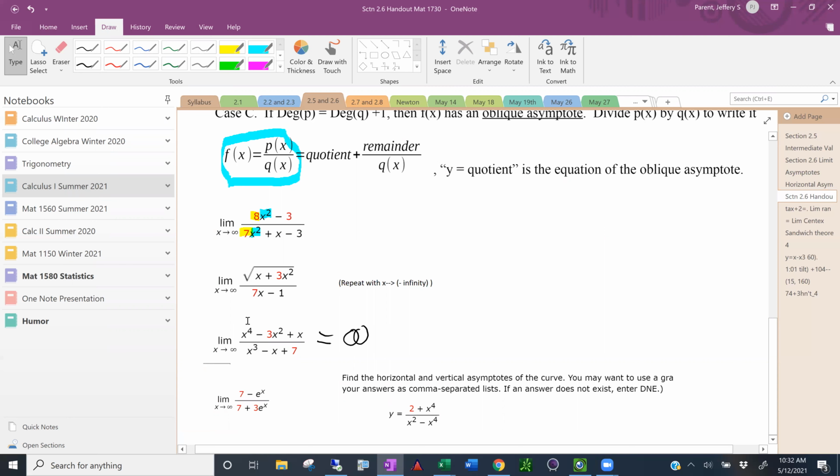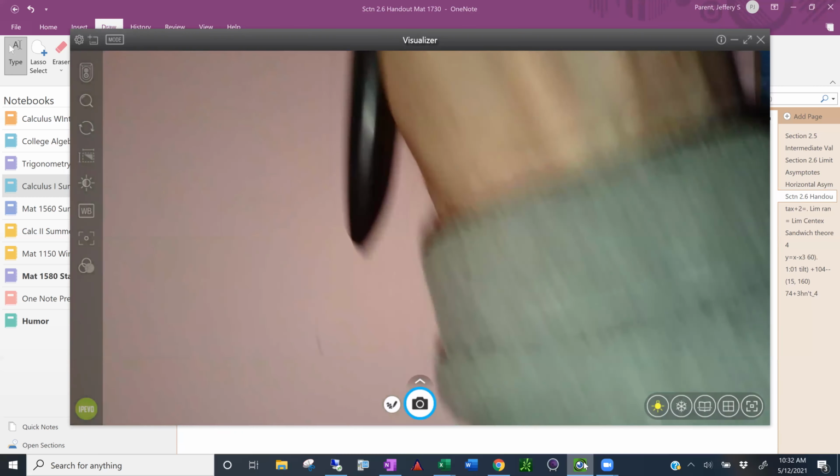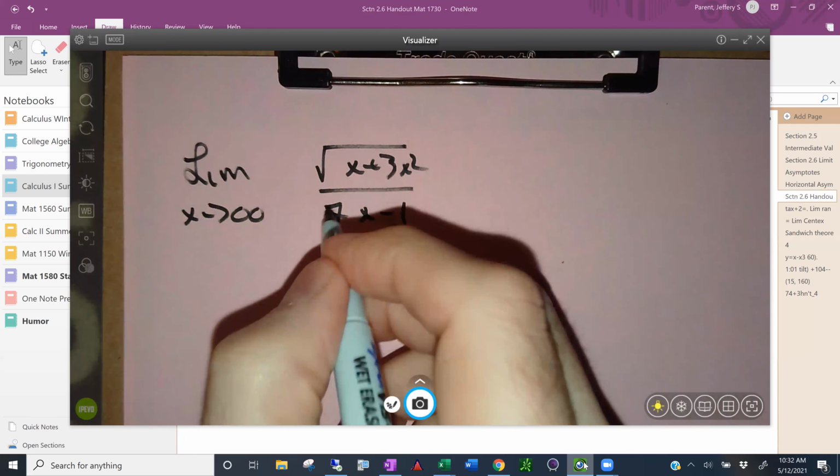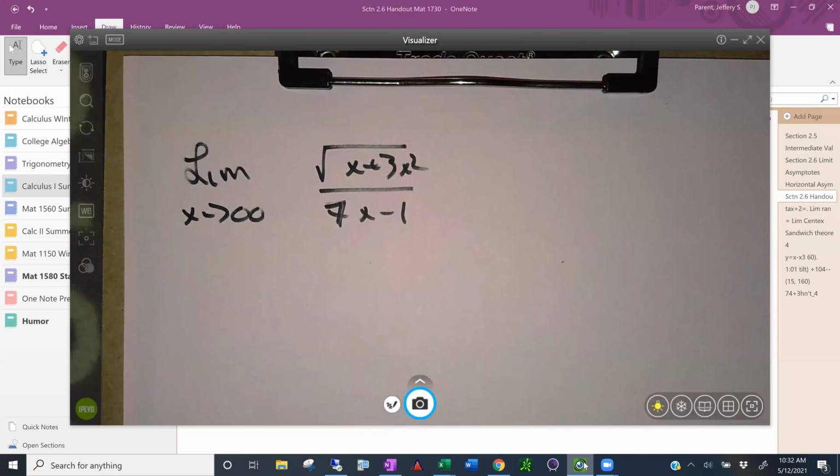Limit as x approaches infinity of the square root of x plus 3x squared over 7x minus 1. And that's a 7, my bad. 7.